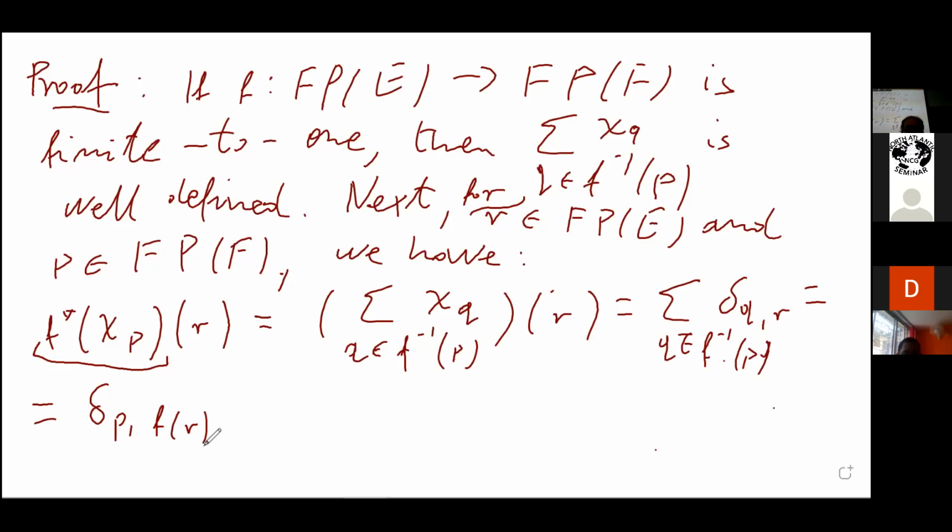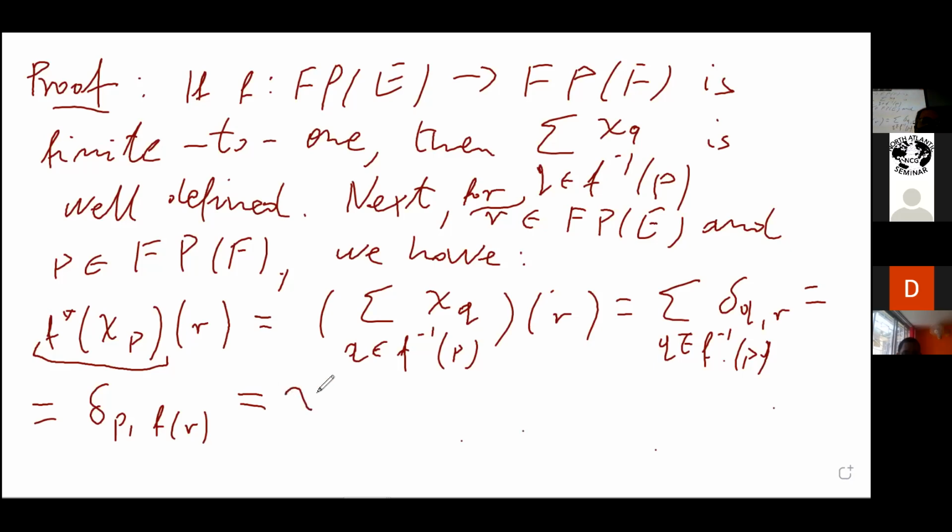Now what happens when F of R is equal to P? Well, then R is in the preimage of P, so there is a Q which is equal to R, so one of these deltas will be 1 and all other deltas will be 0. So this agrees.